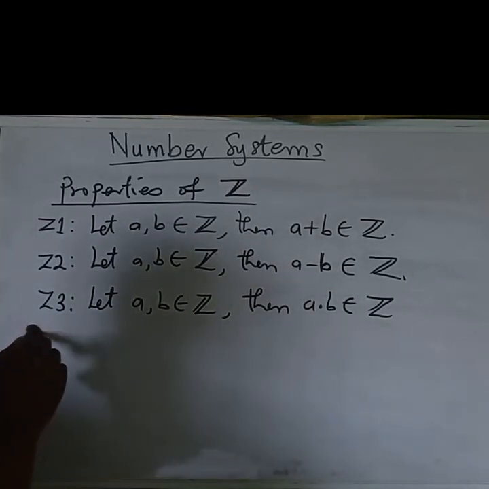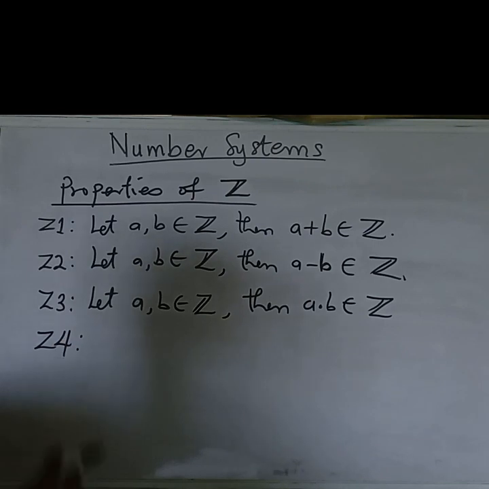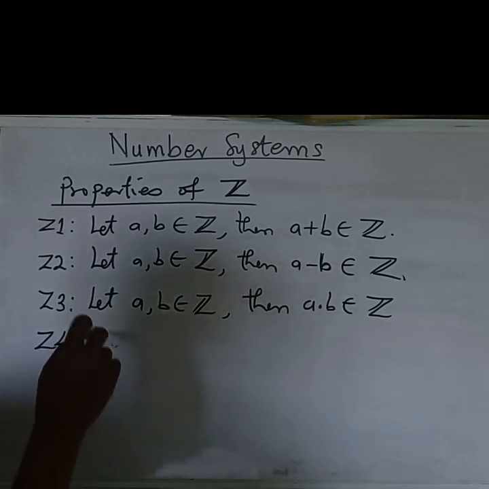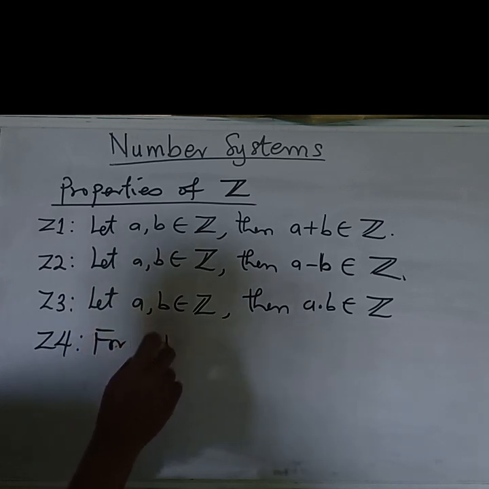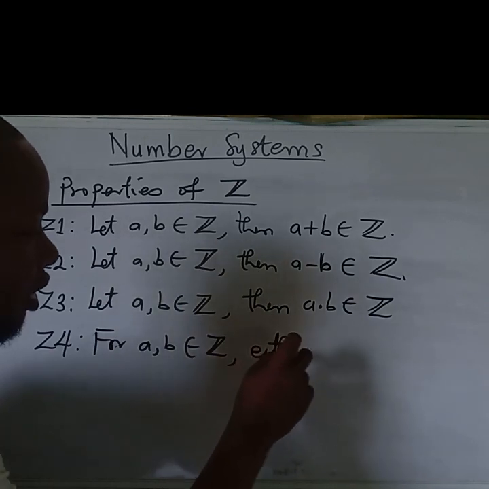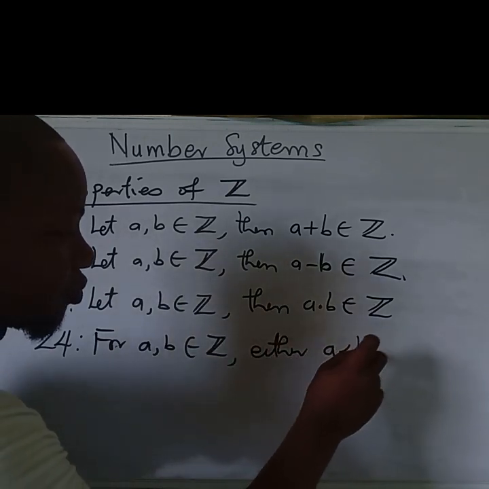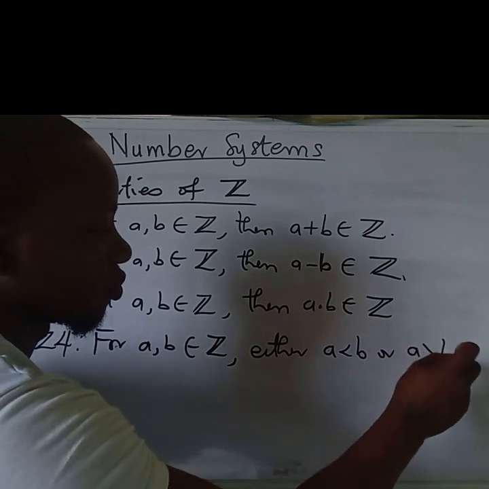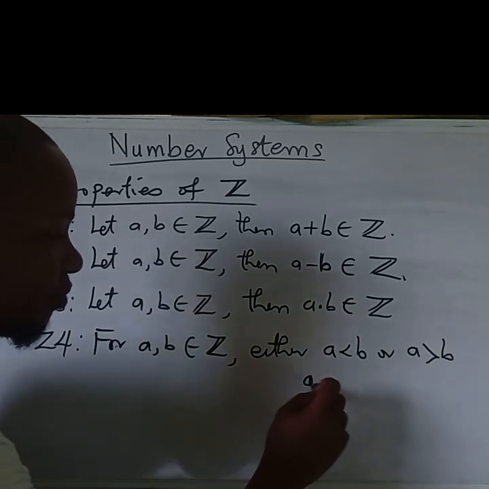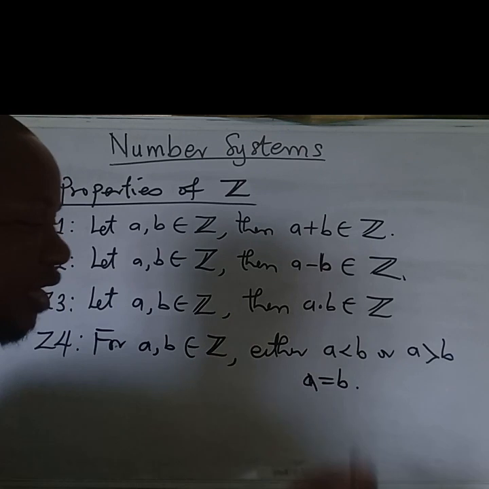Okay, so property 4 is the order structure. Let's make it more elaborate. For any a, b in Z, either this happens, or we may like to include one possibility, that is, the possibility that the two numbers I pick are the same.